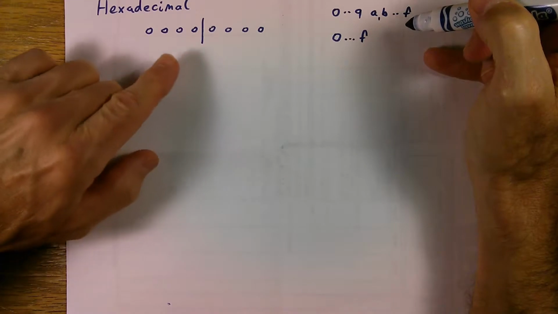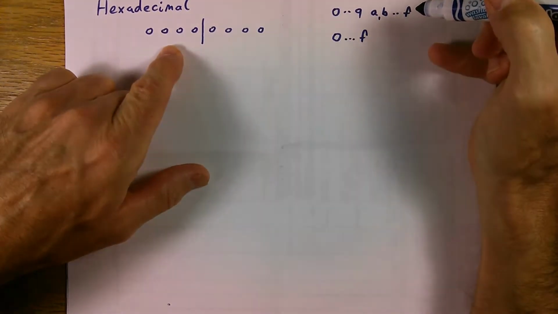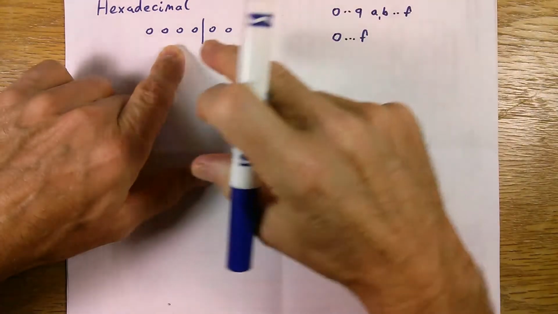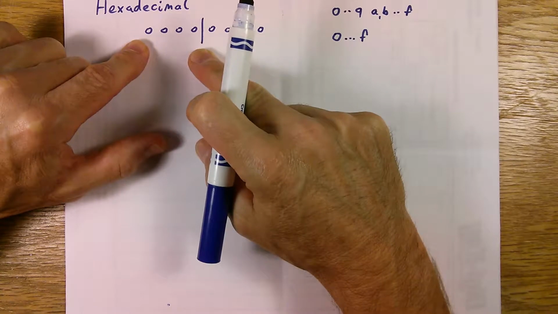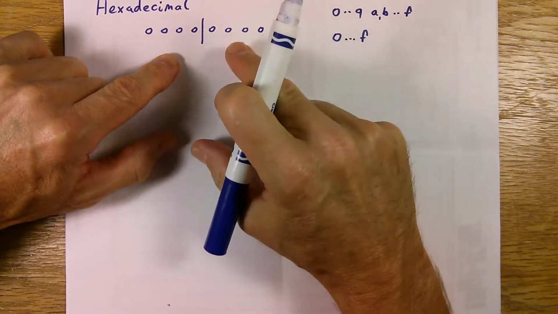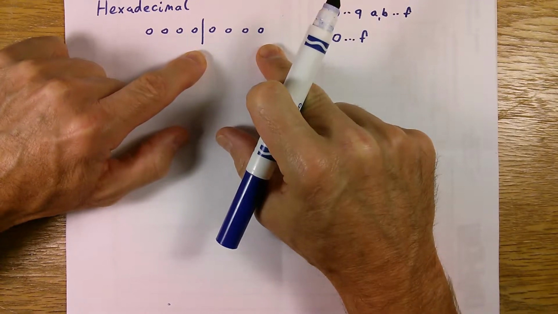And we denote them with 2 hexadecimal digits for a byte. So the first 4 bits, the upper bits of the byte, would be represented by the first digit, and then the next digit would represent the lower 4 bits.